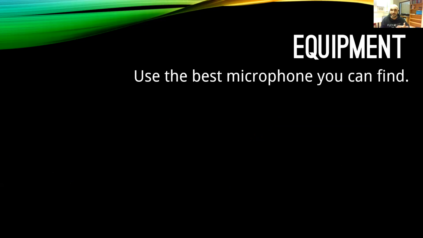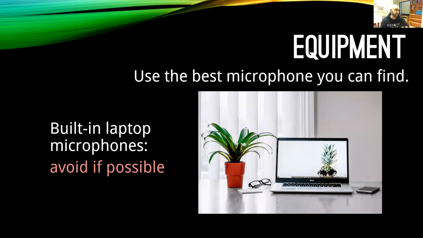The main through line for equipment is use the best microphone that you can find. Laptops have built-in microphones. Try to avoid using these if at all possible. Because they're built into the same piece of hardware and sitting on the same desk that you're likely to be using to record, you will get tap, tap, tap noises when you type, and you will get click, click, click when you use your mouse.